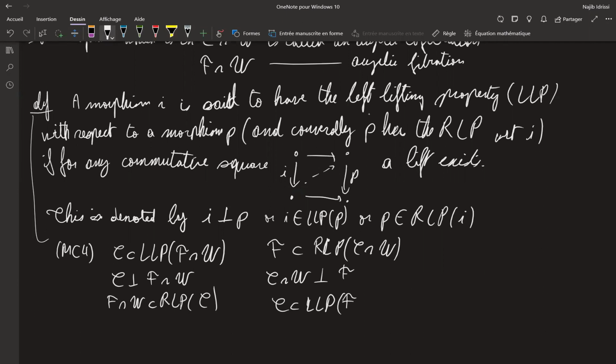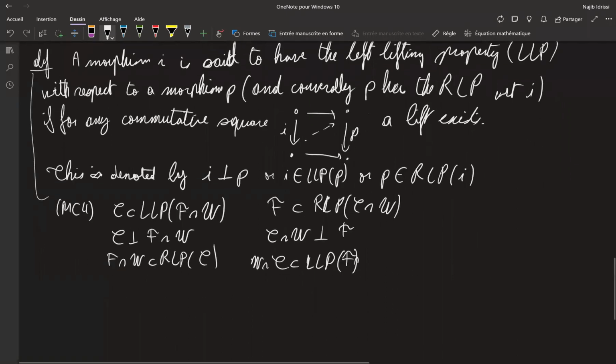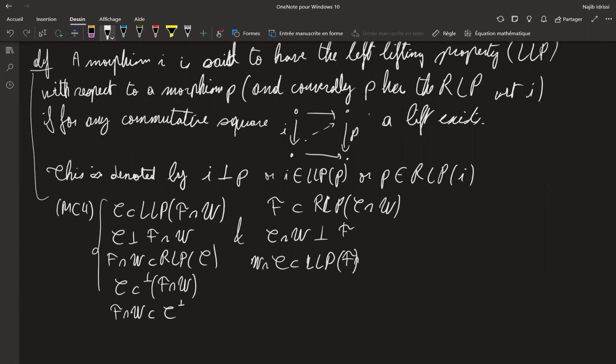No, that's right. All right. Or another notation that you can use is also that C is included in the perp of F cap W, and that F cap W is included in C perp, right? These are all equivalent notations. You can see all of them in the literature. I guess the one I prefer are these ones, but it's up to you.